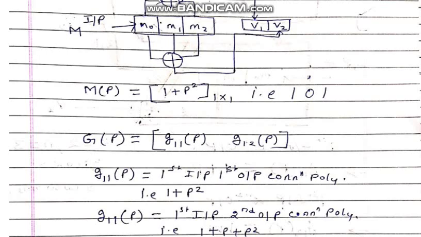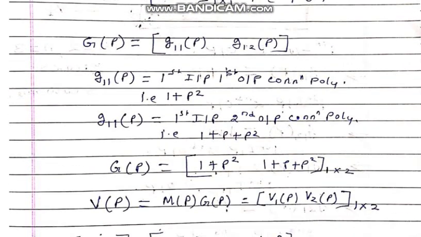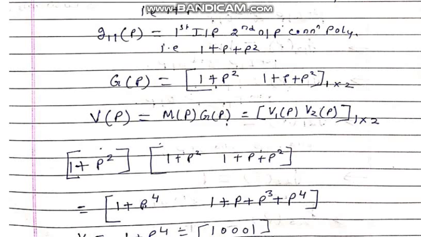This connection can be written as 1 plus P square. Similarly, V2 is generated by the XOR operation of M0, M1, M2, so we will write it as 1 plus p plus p square. Therefore, the generator polynomial G(P) is the matrix with 1 plus p square and 1 plus p plus p square.